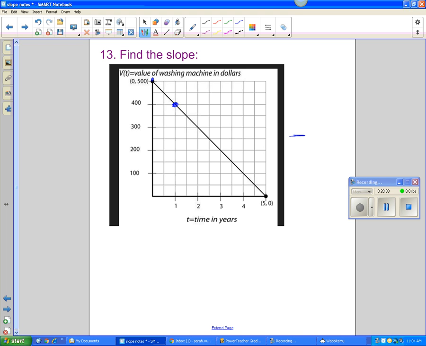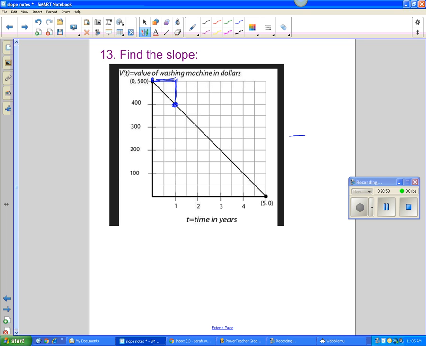Okay, so the reason I'm showing you this one, especially those of you who want to take honors next year, from here to here, how much did it go up? 100. It went from 400 to 500. So it went up 100. Then, how much did it go over?